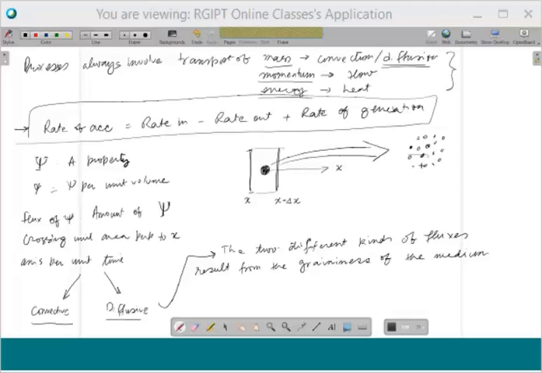Because of this graininess, each of these particles, whatever we call molecules, will be having velocities, right? There will be velocities directed like this. If you look at the overall motion, you may get a net velocity with which this bunch of molecules, which you identify as a fluid particle, moves.